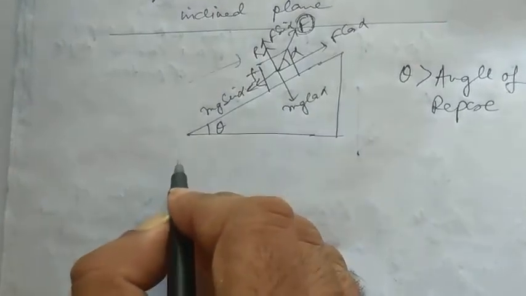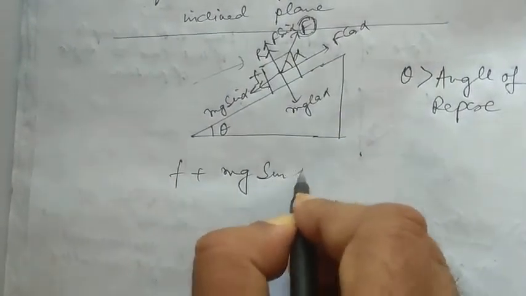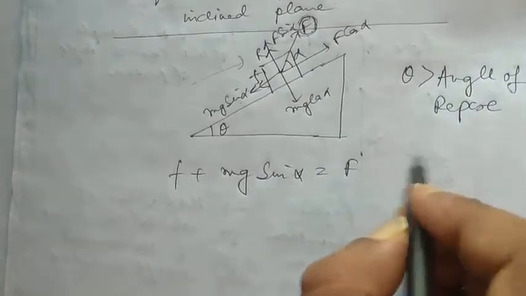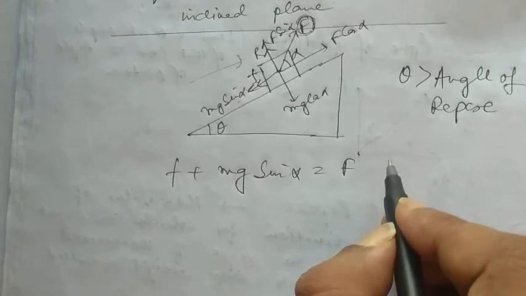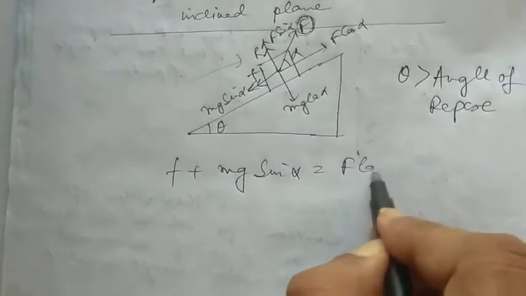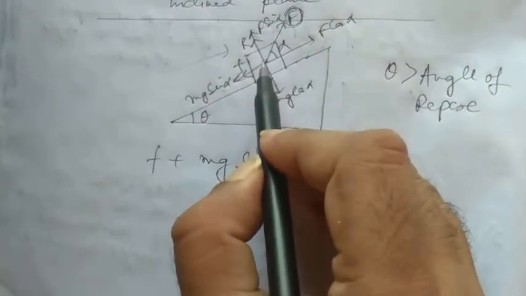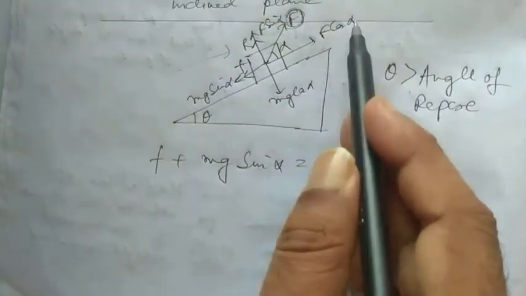So two equations we can write. The frictional force F plus mg sin alpha is equal to F cos alpha. Here the body is about to move in the upward direction, so frictional force plus mg sin alpha acting downwards will be balanced by the component of F in the upward direction.